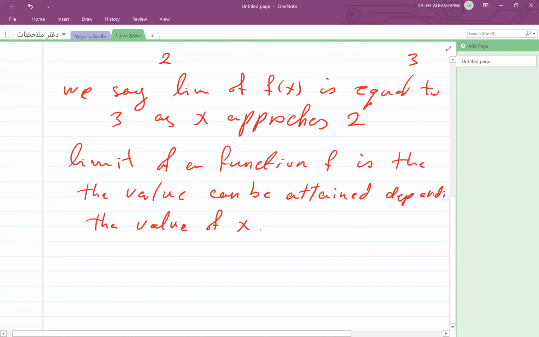Or in general, I can say depending on the value of the independent variable. So this is the limit of the function.